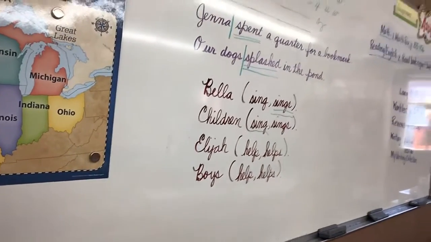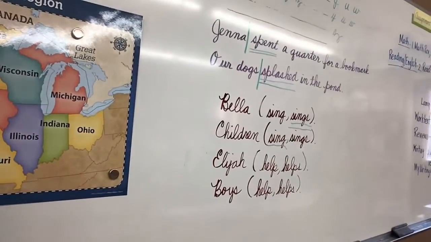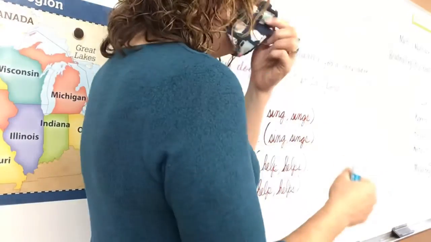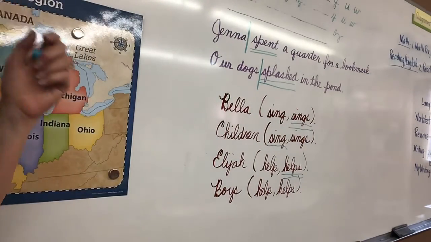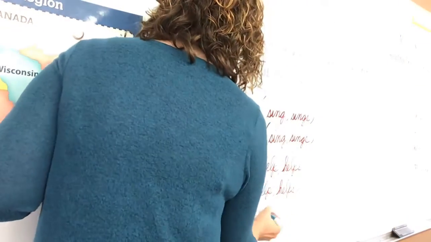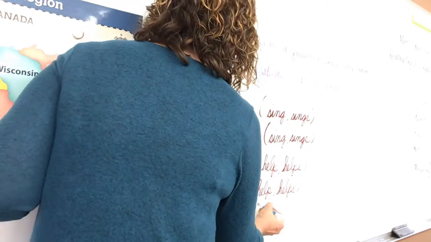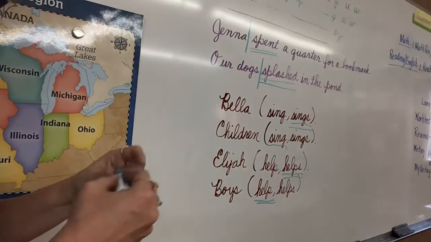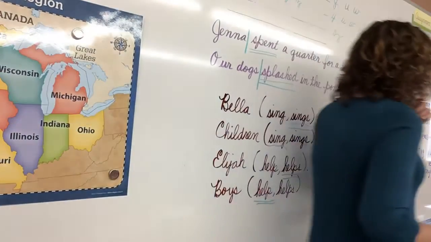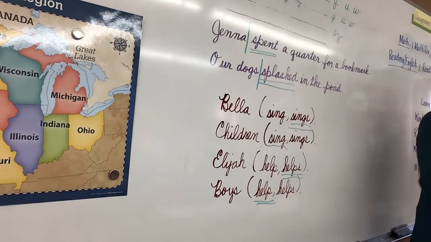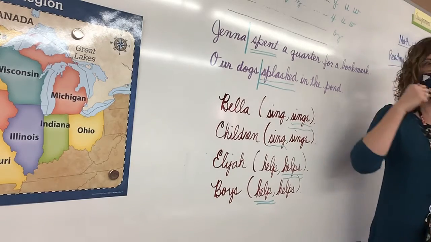Elijah would be singular, so you're going to pick the singular. All eyes up here. Helps. And then boys help. Since this one ends in an s, this one should not. Because that one's plural, you're picking the plural, which is help. Okay, so it does the opposite.